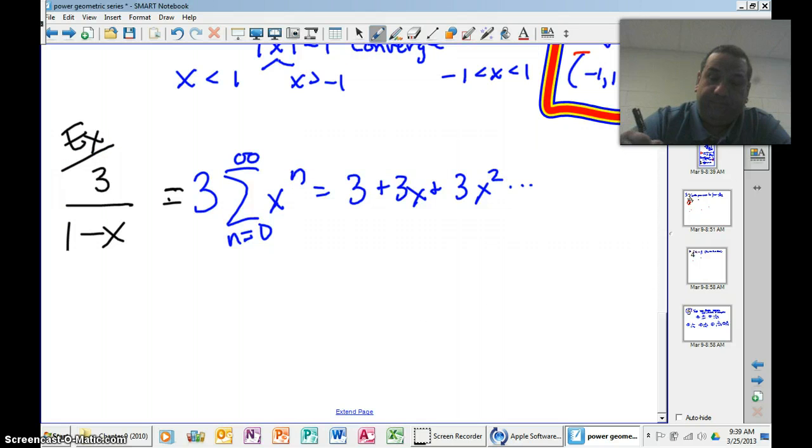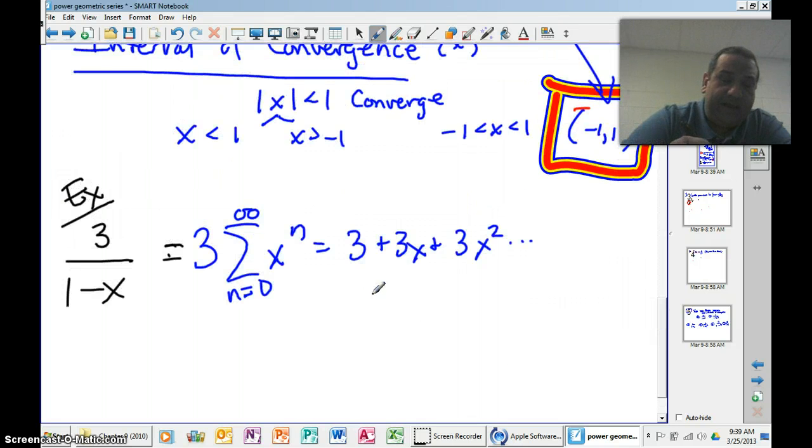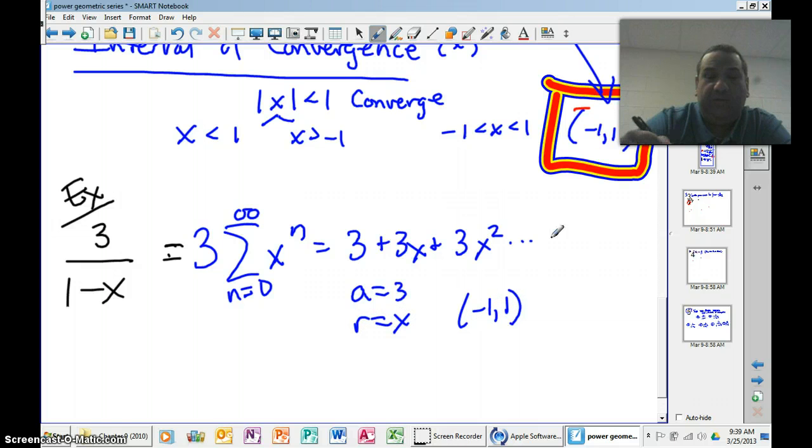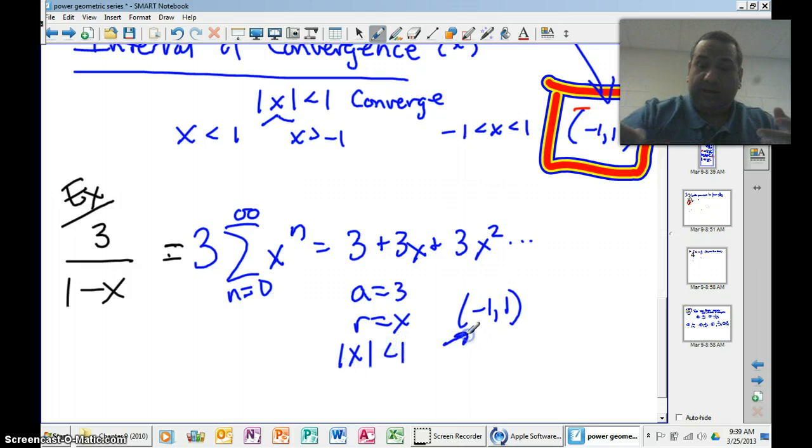Well, if a is 3 and r is x again, then it's negative 1 to 1, and we have no change in the interval of convergence. So if we multiply by 3 or multiply by anything, we don't get a change in the interval of convergence. All right? I just did this thing up here.